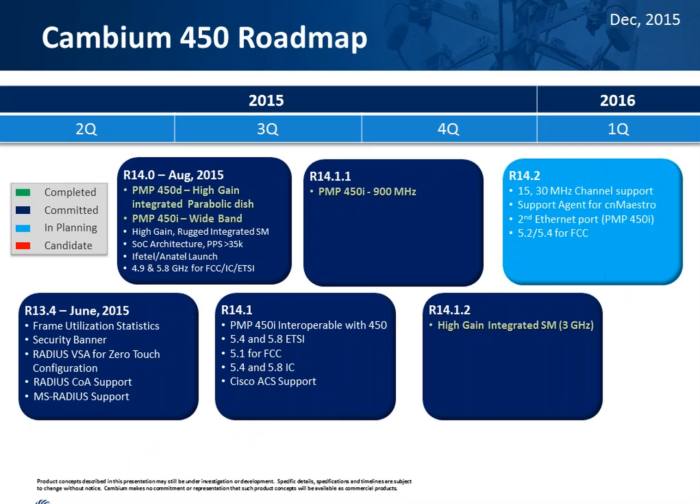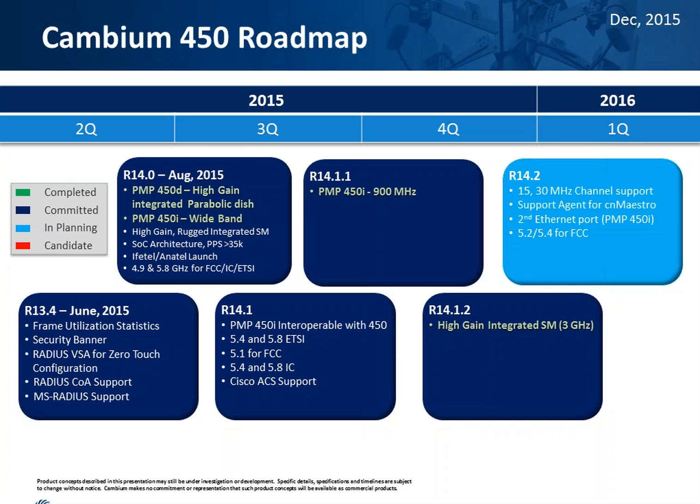Just to give you a quick rundown of the recent roadmap, we've introduced several new software releases this year, and included in that is some hardware. So I'll go through a little bit of that. R14.0 was released in August. That included the 450d and 450i products. 14.1.1 just came out recently, and that included the 900 megahertz variant.